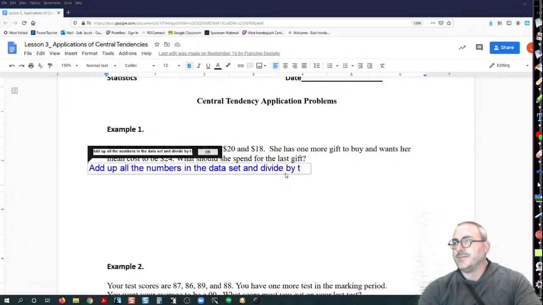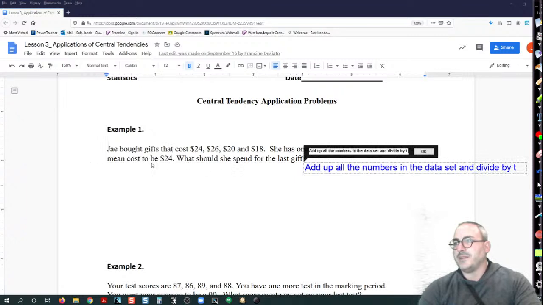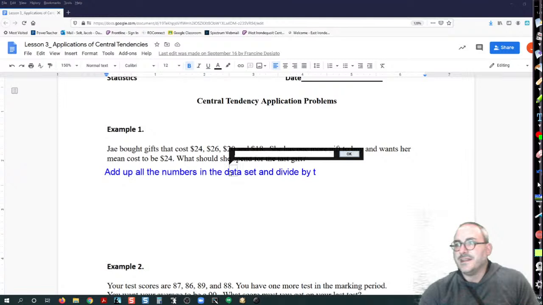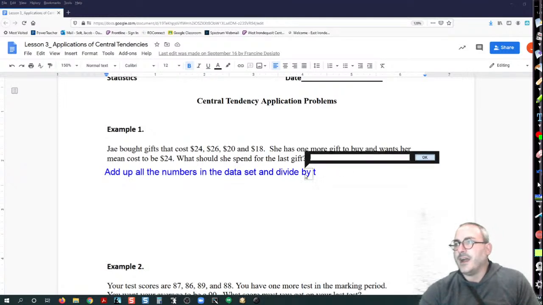Divide by. Remember, this is experimental. Trying this. Divide by. Nope. I need to go over here. There. Nope. Have I run out of space in my little text box? That stinks. Okay. Never mind.